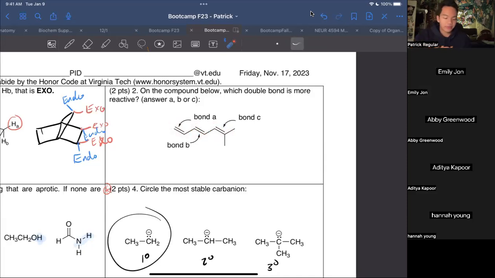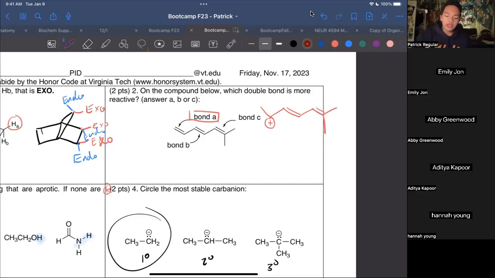So I'm going to color code it. If you are looking at bond A, if you were to break bond A, the carbocation would initially form here.